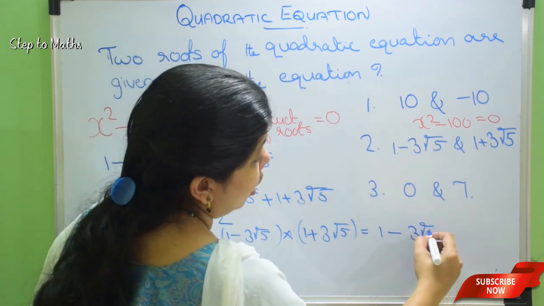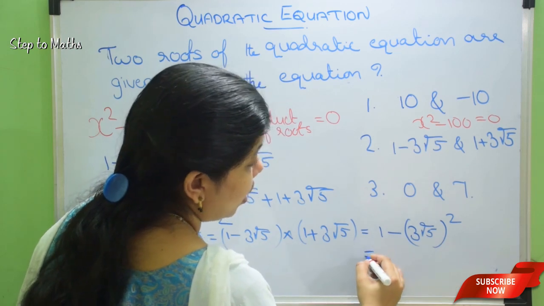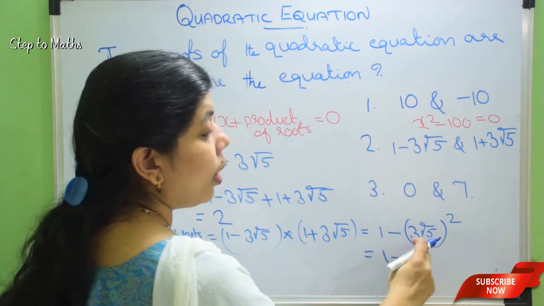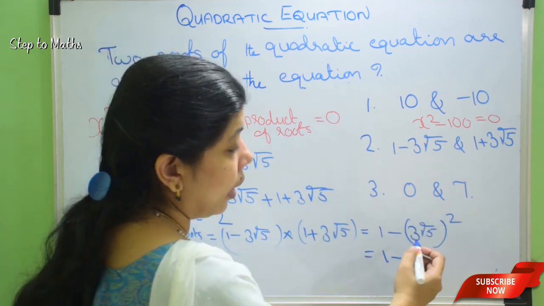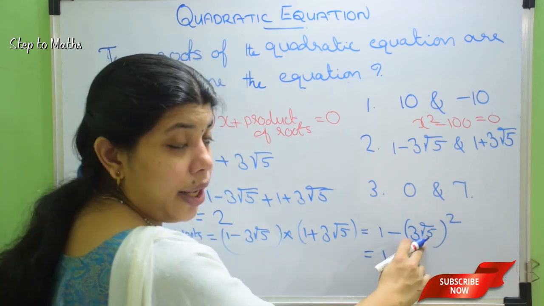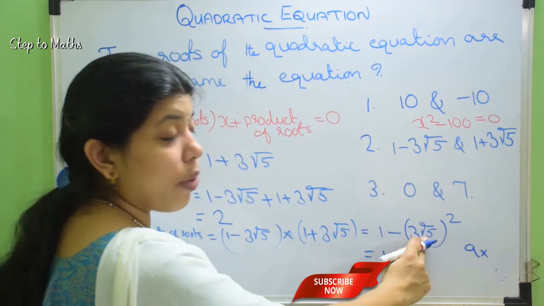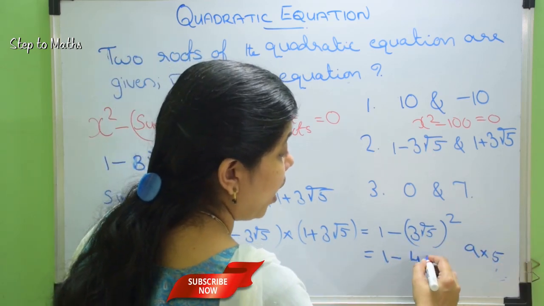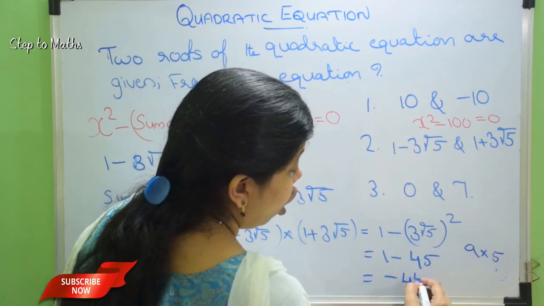Here b is 3 root 5. So it equals 1 minus square of 3 root 5. Square of 3 is 9, square of root 5 is 5, 9 into 5 is 45. 1 minus 45 equal to minus 44.